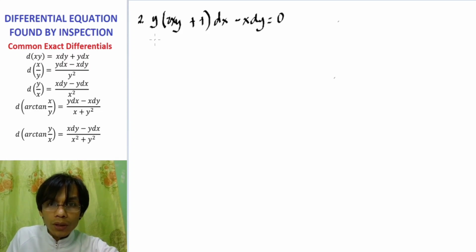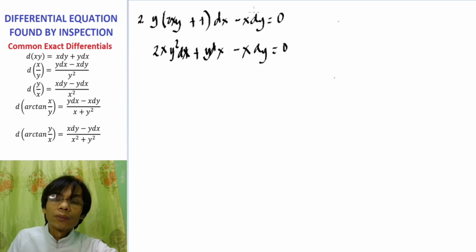So if we distribute this one, we have 2xy squared dx plus y dx minus x dy is equal to 0.